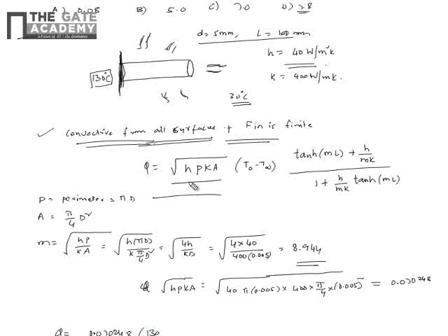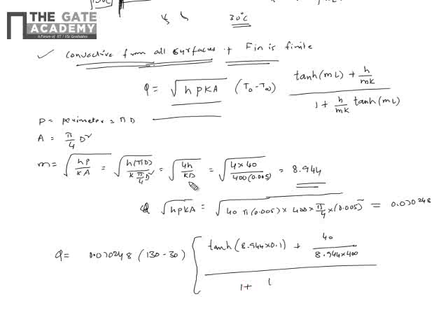T naught is 130, T infinity is the outer ambient temperature 30, and then the big one, the tanh. M I have already got as 8.944. Length is 100 mm, so it's 0.1 meters. Everything I'm substituting in meters. Plus h is 40 by m, 8.944, into 400, which is k.